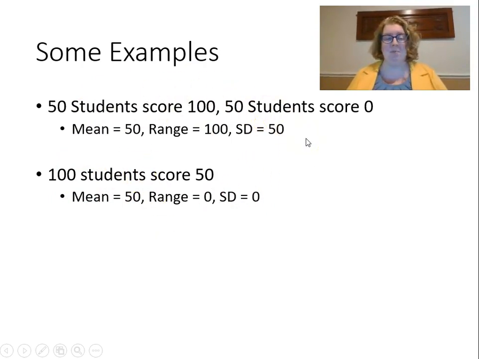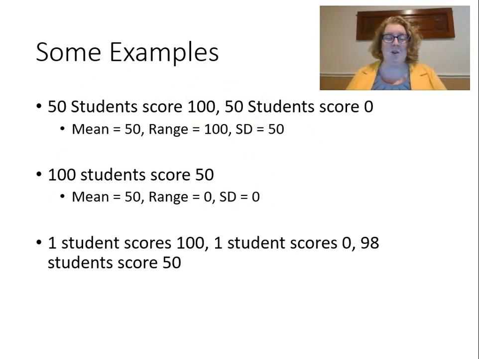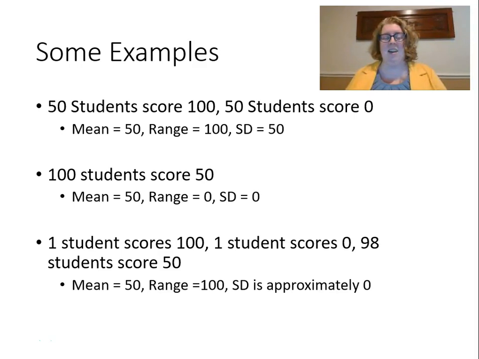Let's look at one more example. In this example, one student scored a 100, one student scored a 0, and 98 students scored a 50. So what's our mean here? What's our range? And what's our standard deviation? Close to, an approximation. Okay, good. So here, our mean's the same, right? Our mean's still 50. Our range is 100, right? 100 minus 0 is still 100.